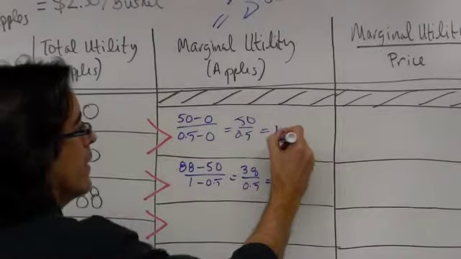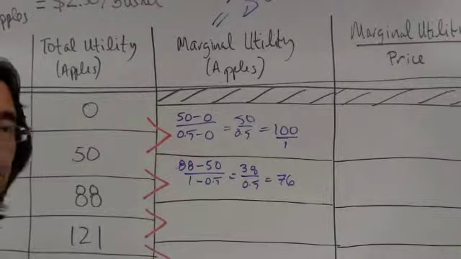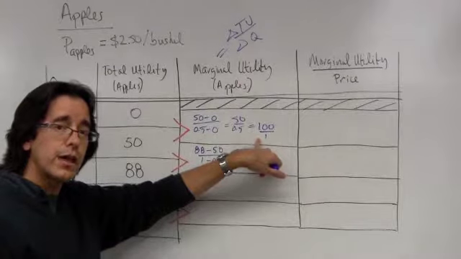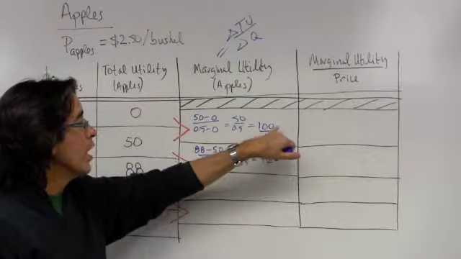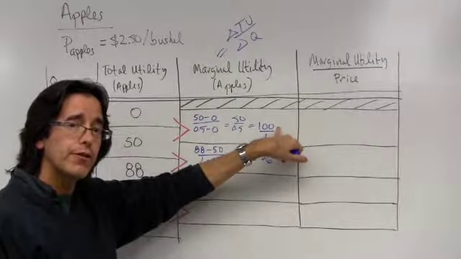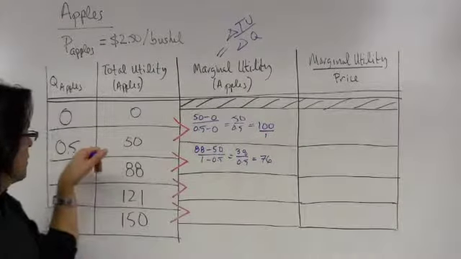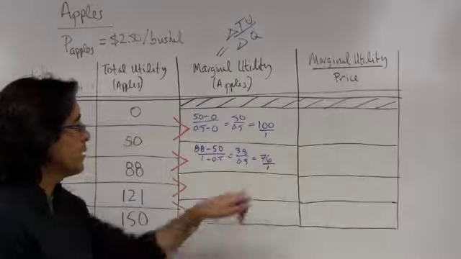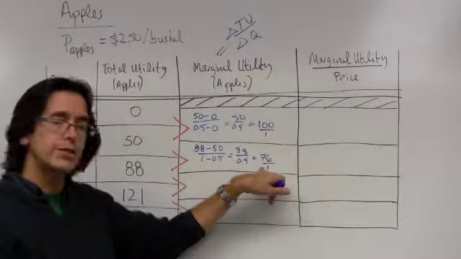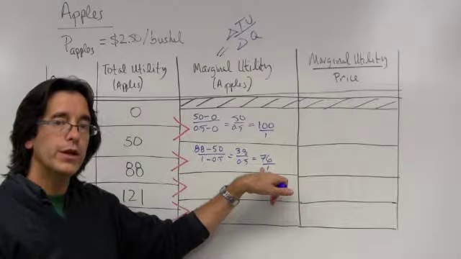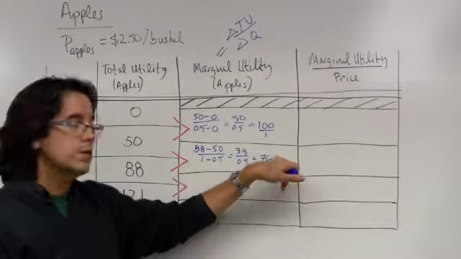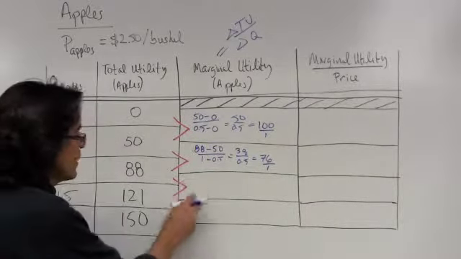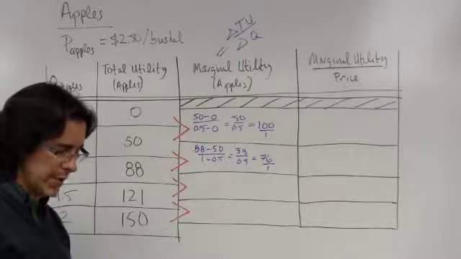If we look at that 100, it's 100 over 1. The interpretation is that if we increase our consumption of apples by 1 bushel, our utility should increase by 100 units. When we go from 0.5 to 1 bushel, we generate a marginal utility of 76. Again, we can put that over 1: if we increase our consumption of apples by 1 bushel, our utility should increase by 76 units. And if you want, you can calculate the remaining 2 cells.